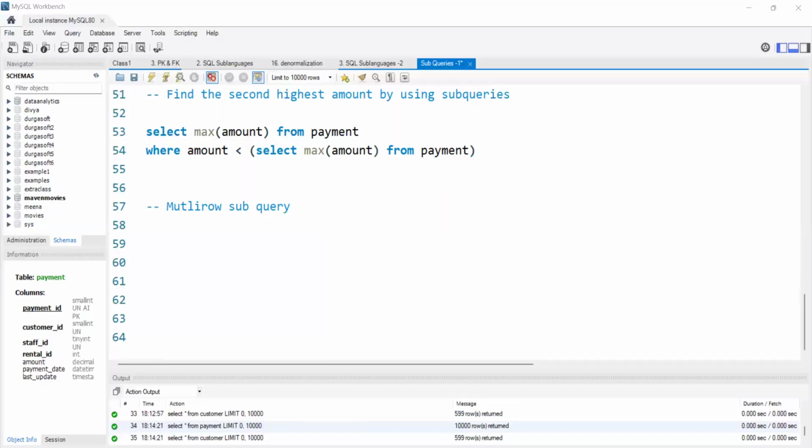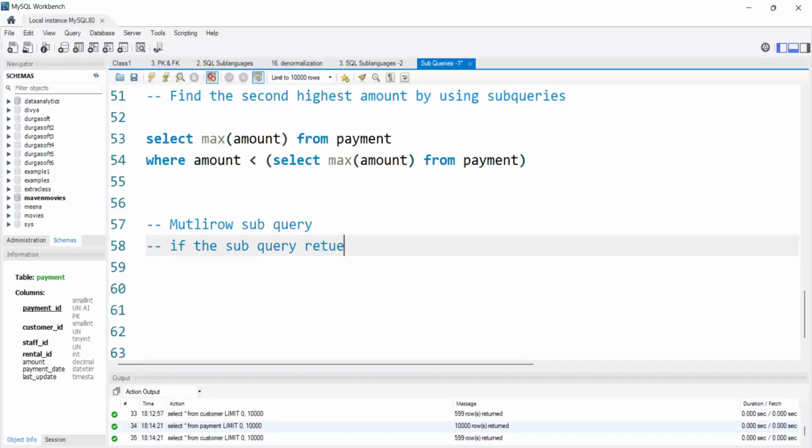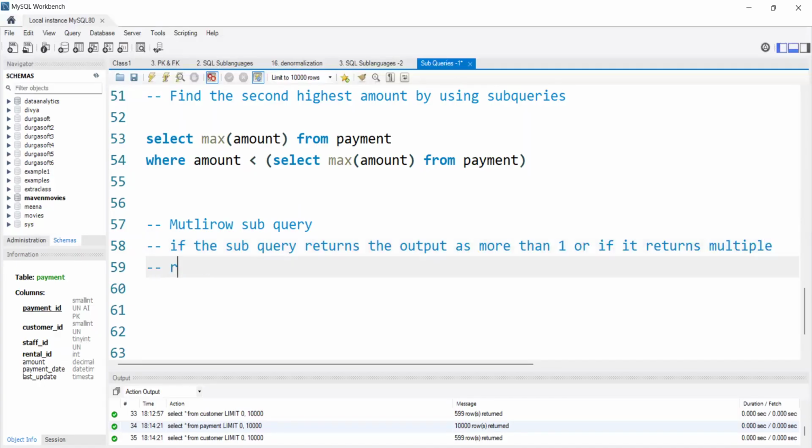First, let me write it here. A multi-row subquery means that whenever the subquery returns the output as more than one, or returns multiple rows, then it is called a multi-row subquery.